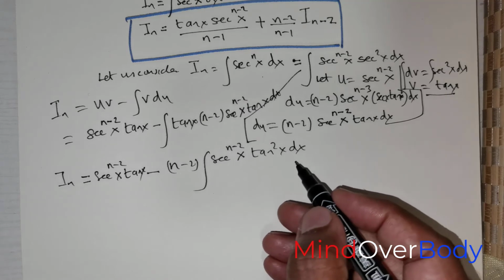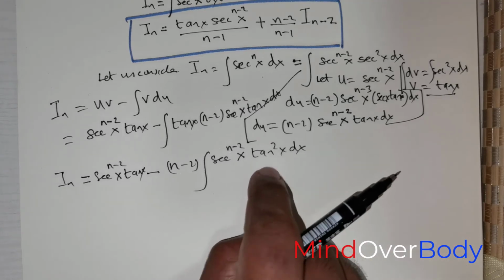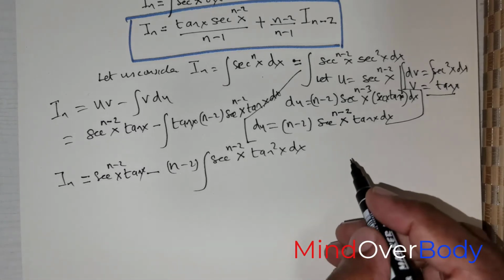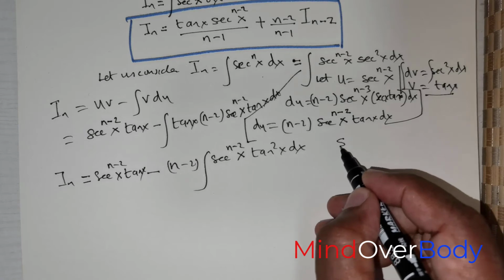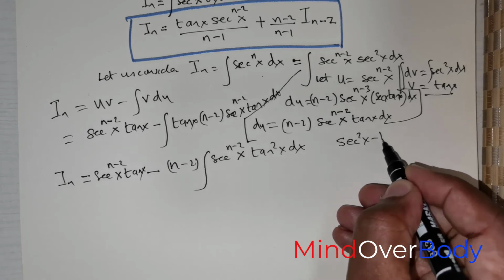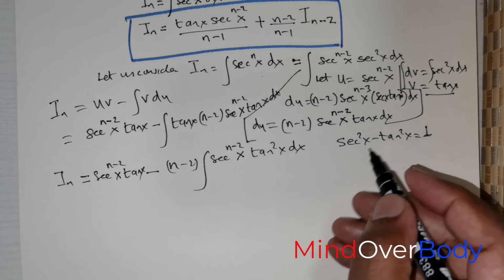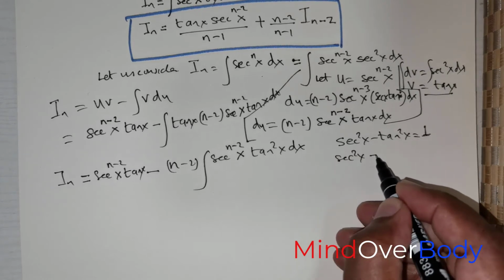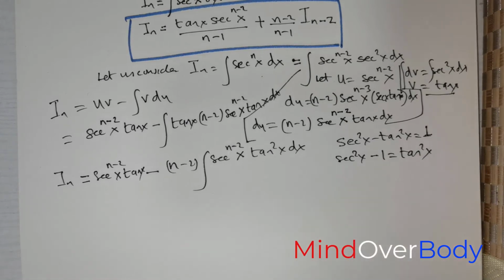Now what we can do is rewrite tan squared x, right? So how are we going to rewrite tan squared x? We know this formula, secant squared x minus tan squared x is equal to 1, and from here secant squared x minus 1 is equal to tan squared x. So we can make that substitution there.